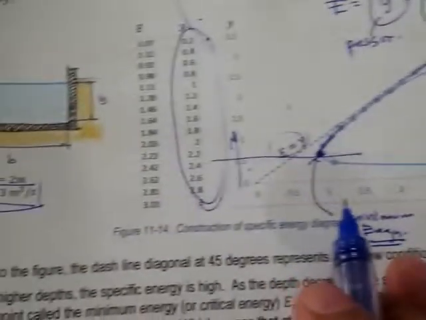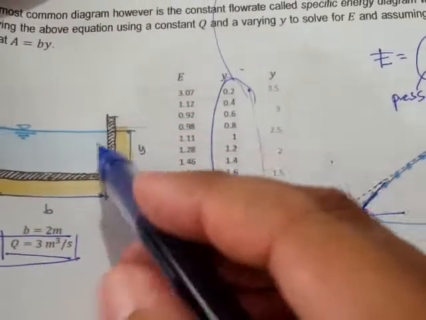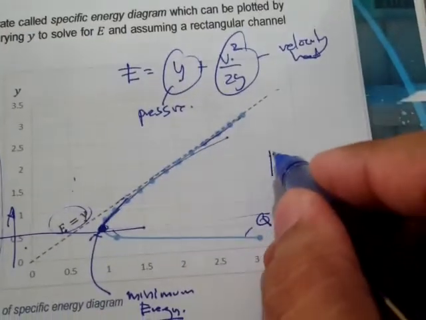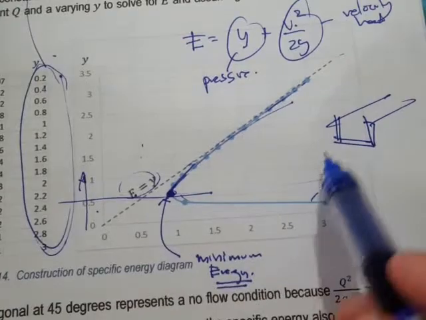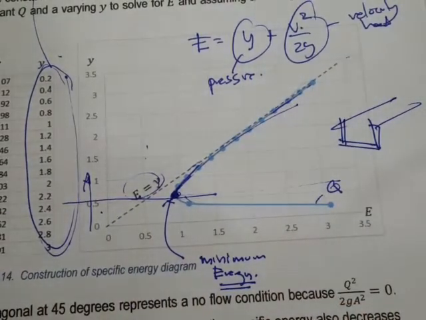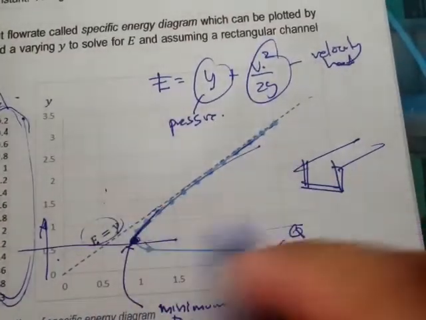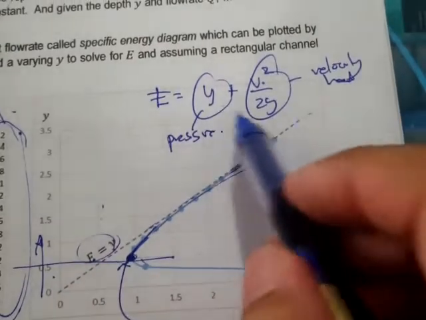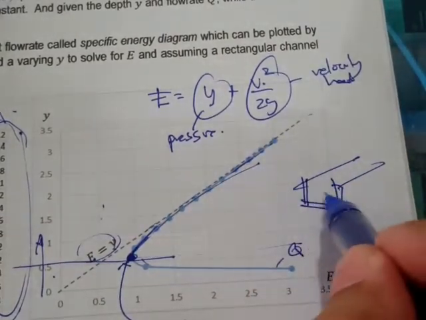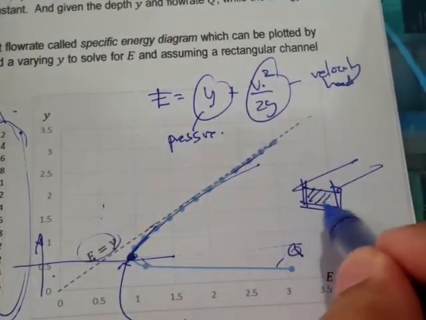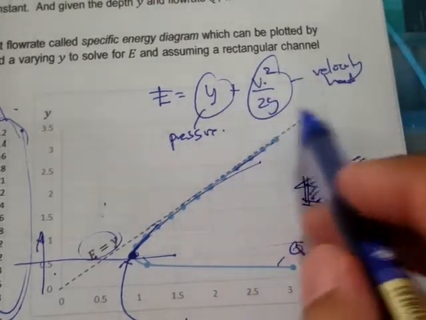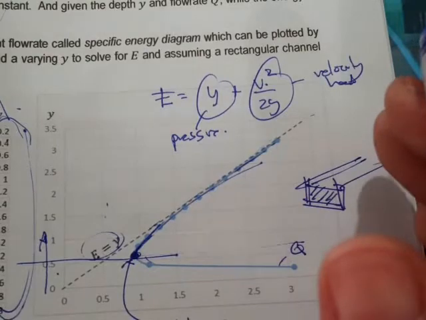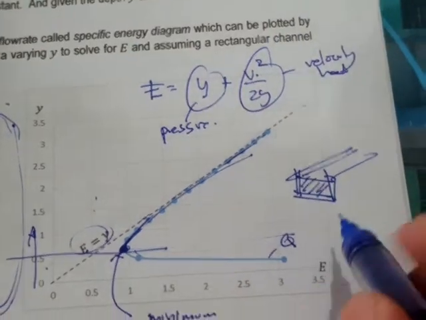So in order to provide a flow rate of 3 cubic meters per second, I mean, for the same energy, it has to increase the depth and reduce the velocity, or it's actually moving slowly but at a higher depth.